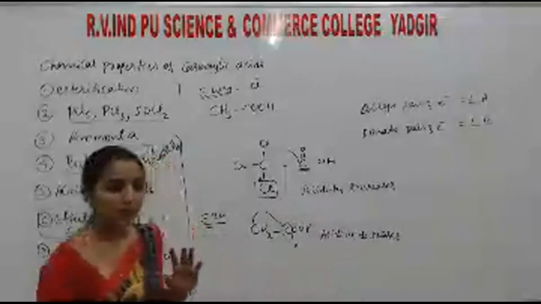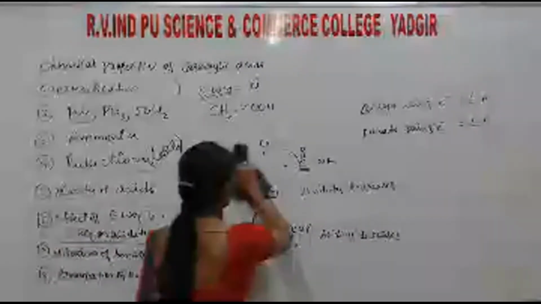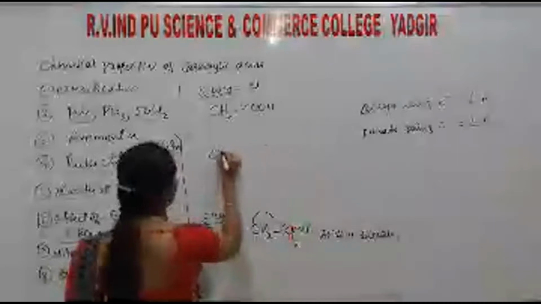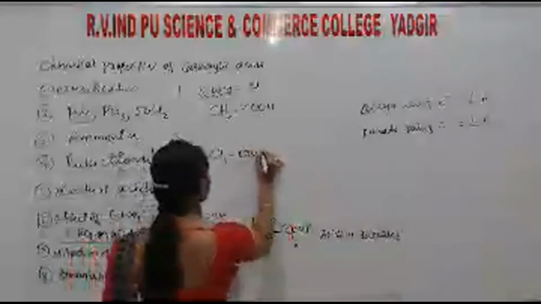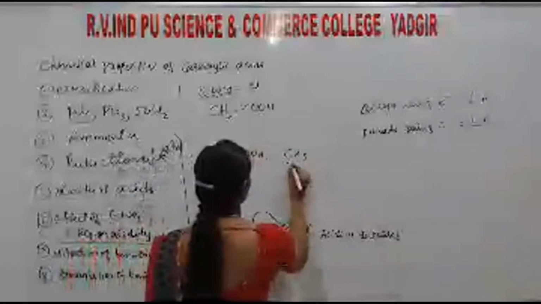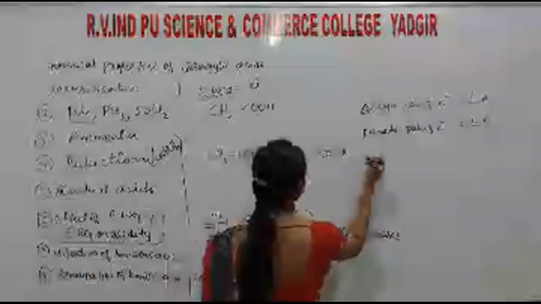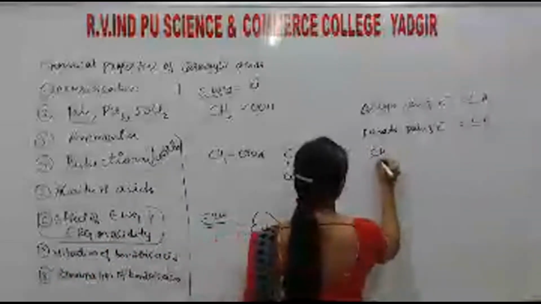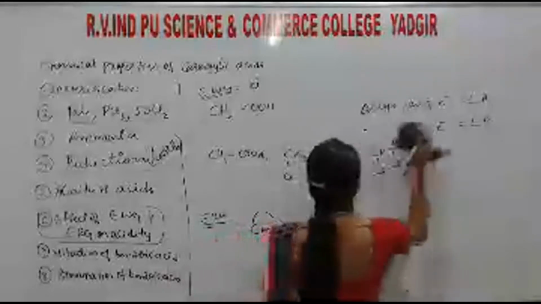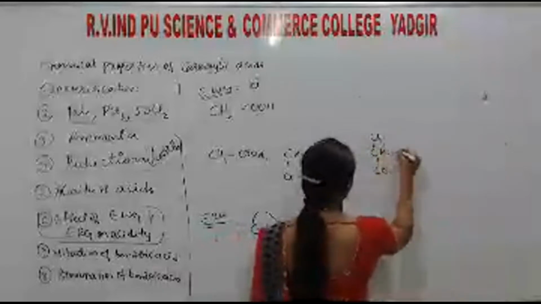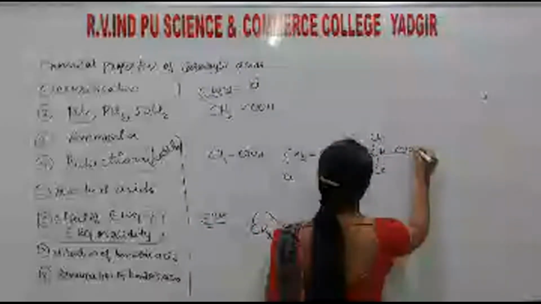Understood? So I will write some. Listen: CH3COOH is there. Next, CH2ClCOOH is there. Next, CHCl2COOH is there.